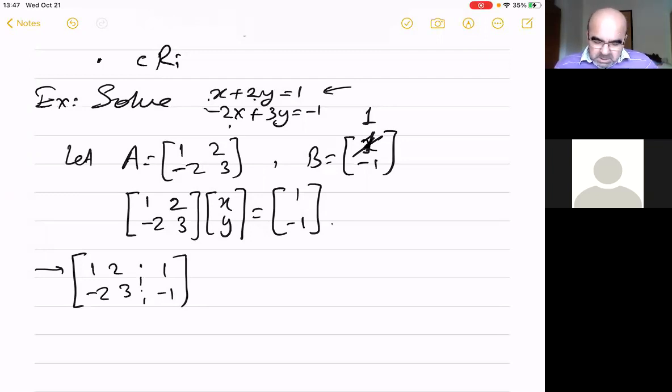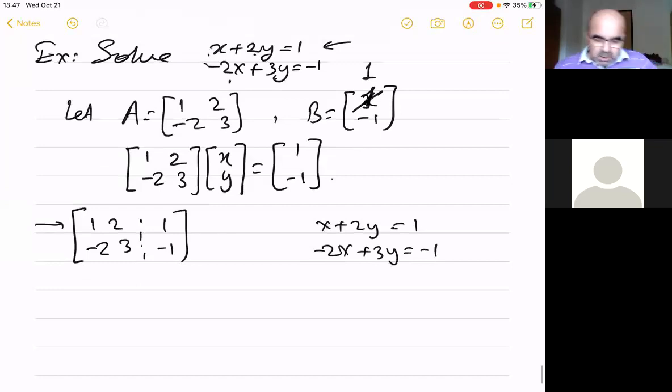Okay, so this matrix corresponds to x plus 2y is equal to 1 and minus 2x plus 3y is equal to minus 1. Now, if you multiply the first equation by 2, so 2 times R1 plus R2, let's multiply the first equation by 2 and add it to the second one.